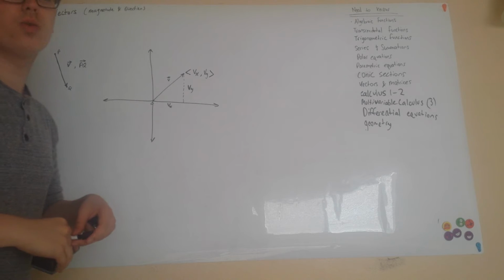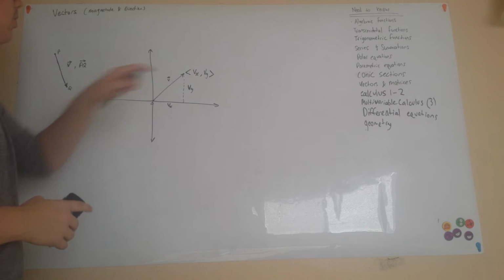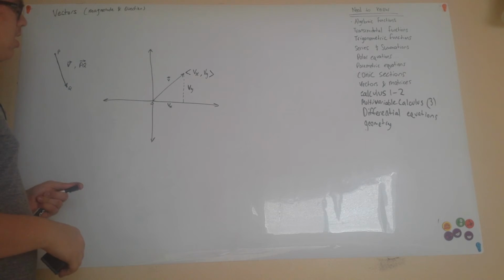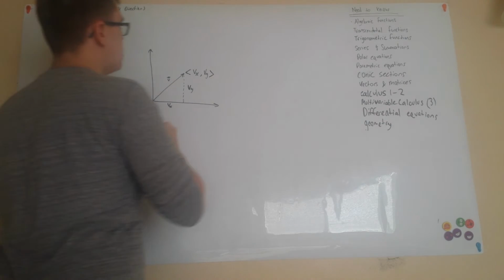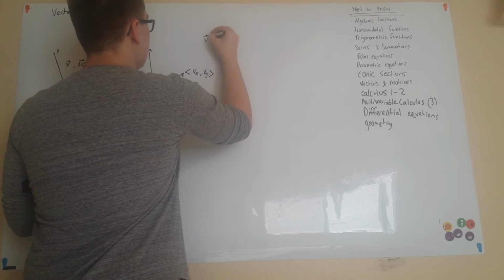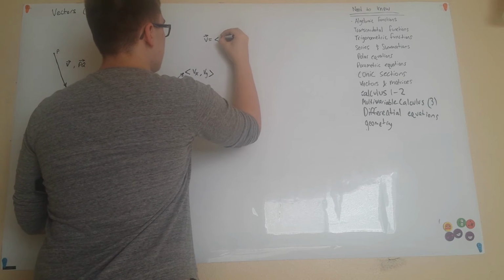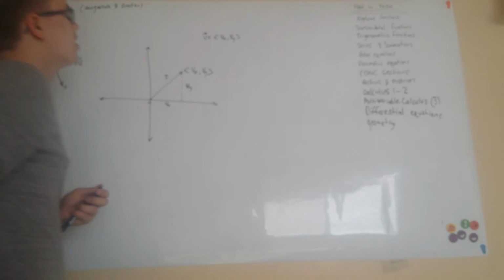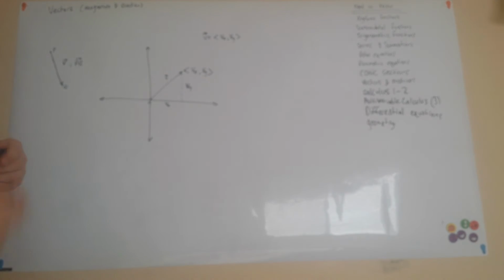They're not used for inequalities, but they're just inequality symbols. So hey, I can actually say that vector v equals this numerical description of a vector.